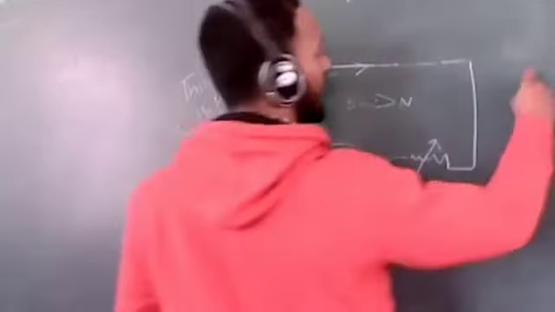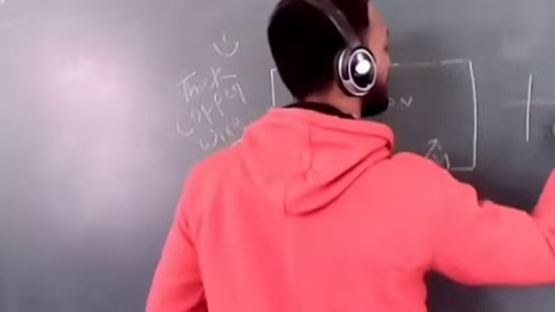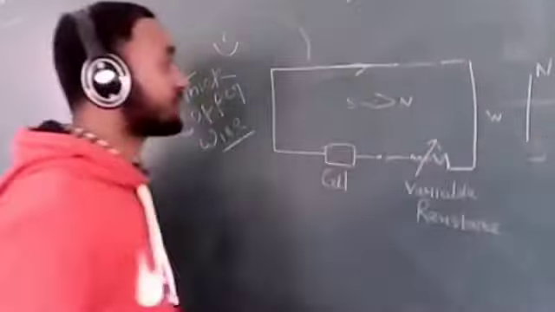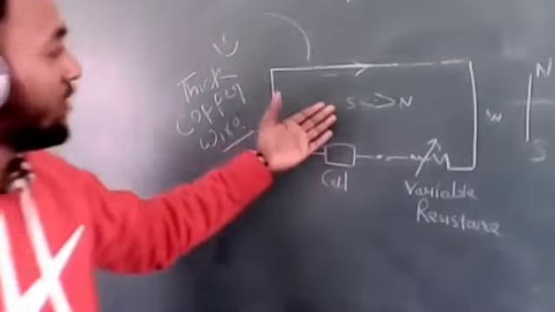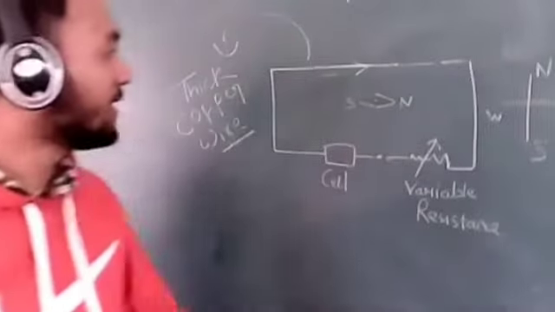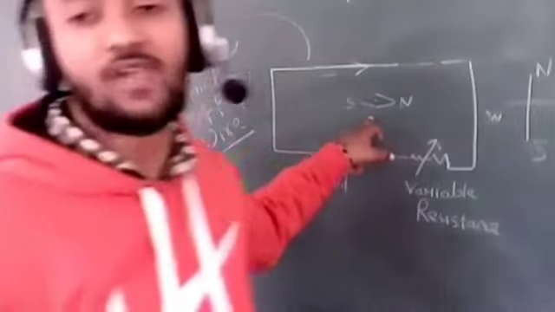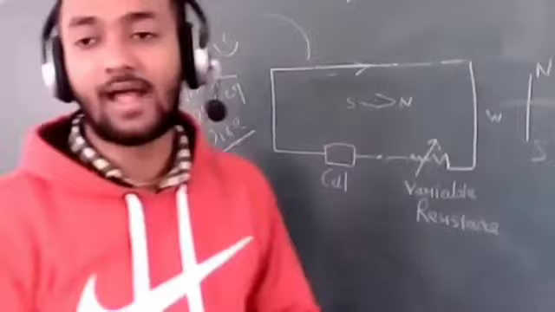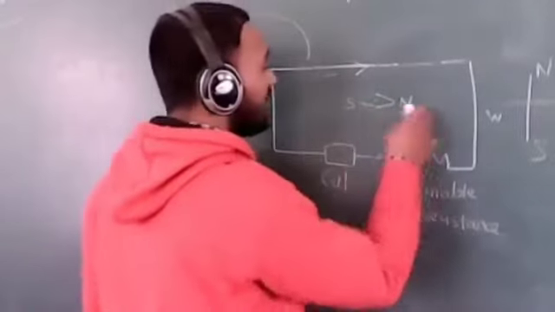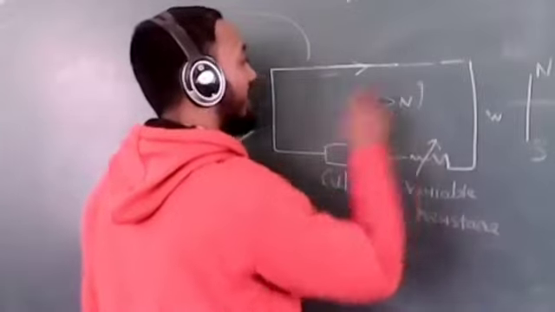And you all know the direction convention: east, west, north, south. He observed that while passing the current through this thick copper wire, the magnetic needle deflects. He observed that the needle deflects like this.